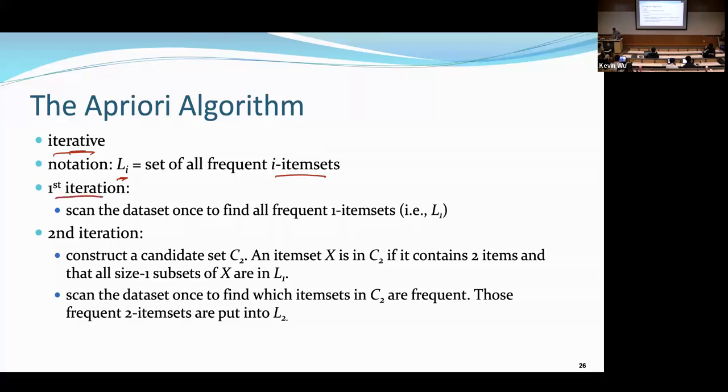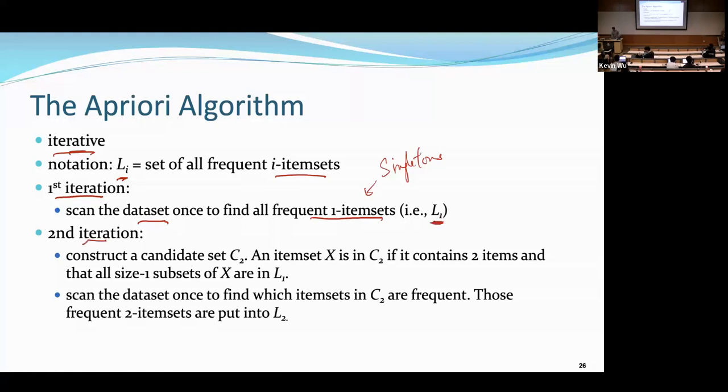In the first iteration, the algorithm scans the data set one time to find all the frequent 1 item sets, also called the frequent singletons, to see which items are frequent. All of these frequent items are put into the set L1, the set of all size 1 frequent item sets.